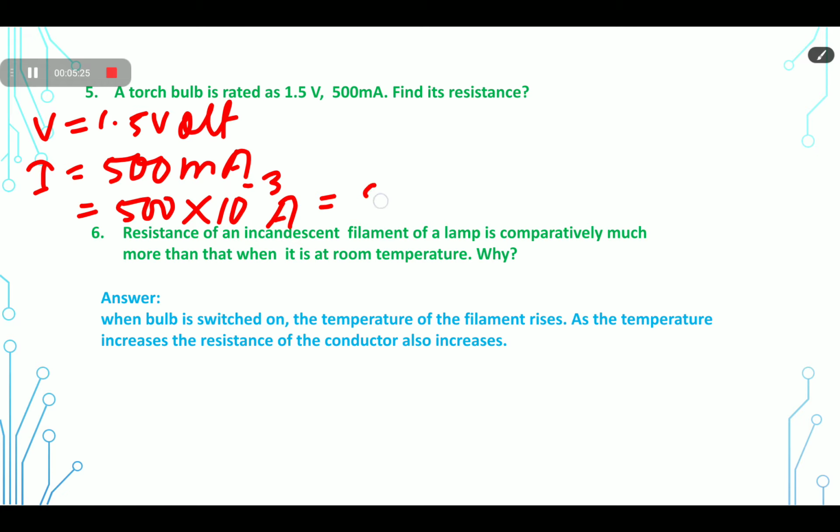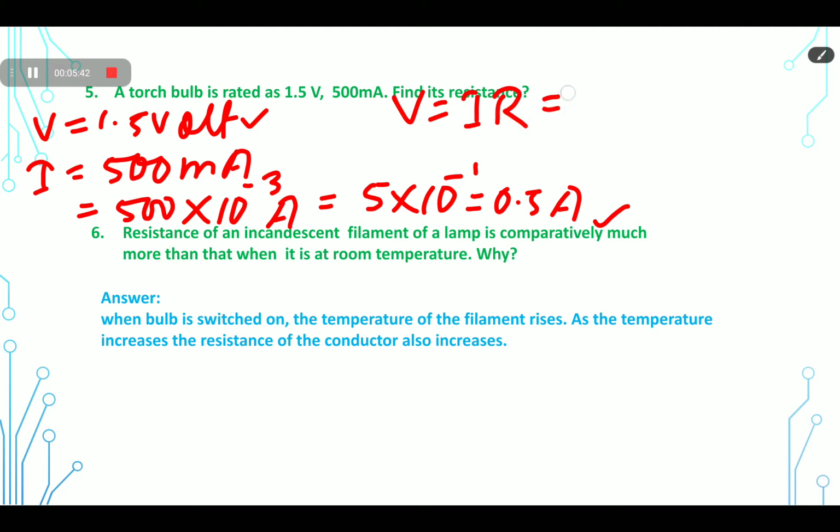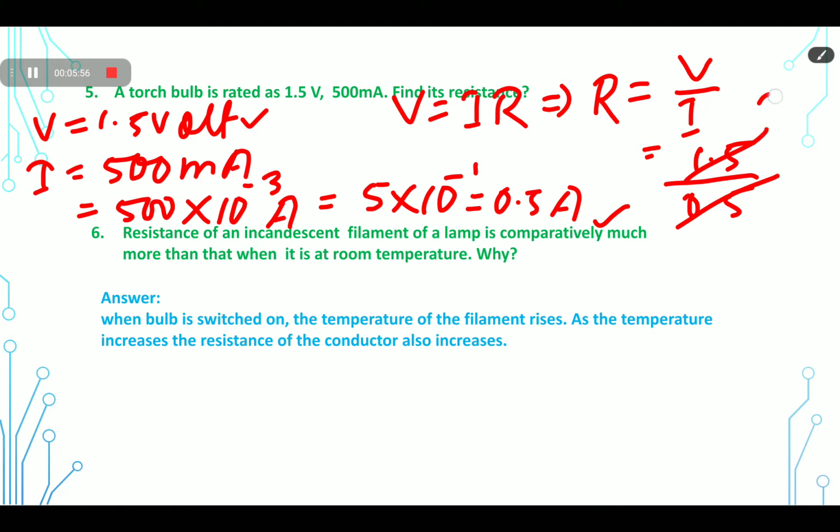It means 5 into 10 to the power minus 1, or 0.5 ampere. Okay. Now we have current, we have voltage, and we have to find the resistance. Again, from Ohm's law, we know that V is equal to IR, and we have to calculate resistance. That means resistance is equal to V by I. Here voltage is given 1.5 volt and current is given 0.5. Decimal point, that is 3. So the answer will be 3 ohm.